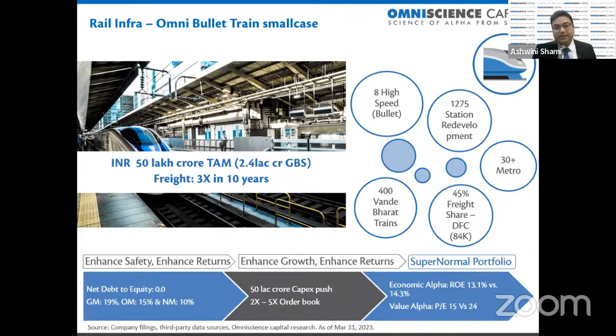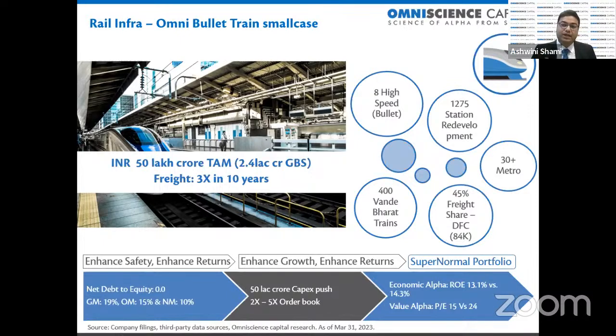On the fundamental side, I will always tie it back to the scientific investing framework. How did we identify it? We identified these companies because they were fundamentally strong. Debt was zero, so cash-rich companies, with significantly higher margins and ROEs, or even if they were low, on a trajectory where the ROEs are expanding or improving.